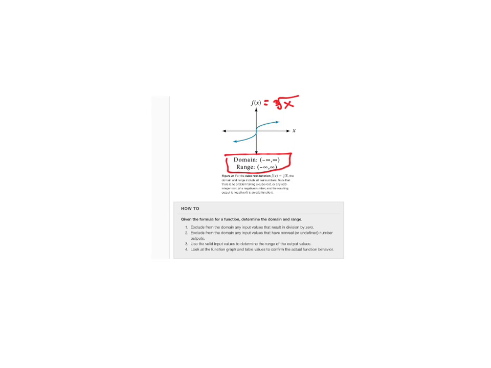Okay, so there's really good how-to information down here at the bottom, how to determine the domain and range. Number 1, exclude any input value that makes you divide by 0. We know we can't divide by 0. Number 2, exclude any input value that makes you have non-real or undefined outputs. That's going to be when you're trying to root a negative number.